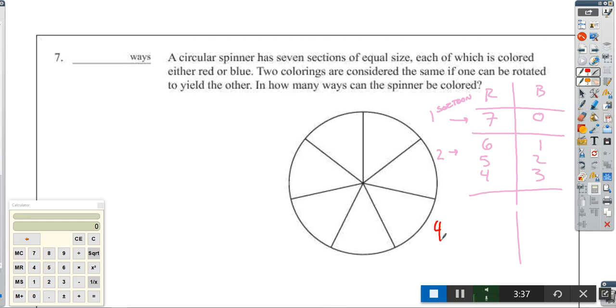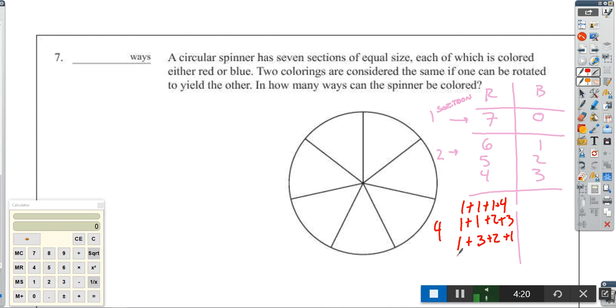So how can I have 4 different things combined? Well, I can have 1 plus 1 plus 1 plus 4. I can have 1 plus 1 plus 2 plus 3. And I have a little too many pluses. That should be 1. I could also have 1 plus 3 plus 2 plus 1.